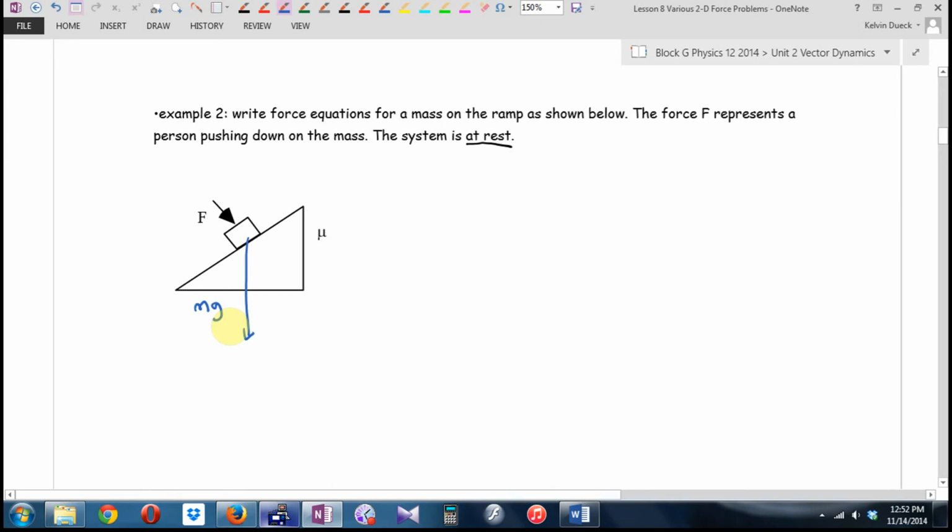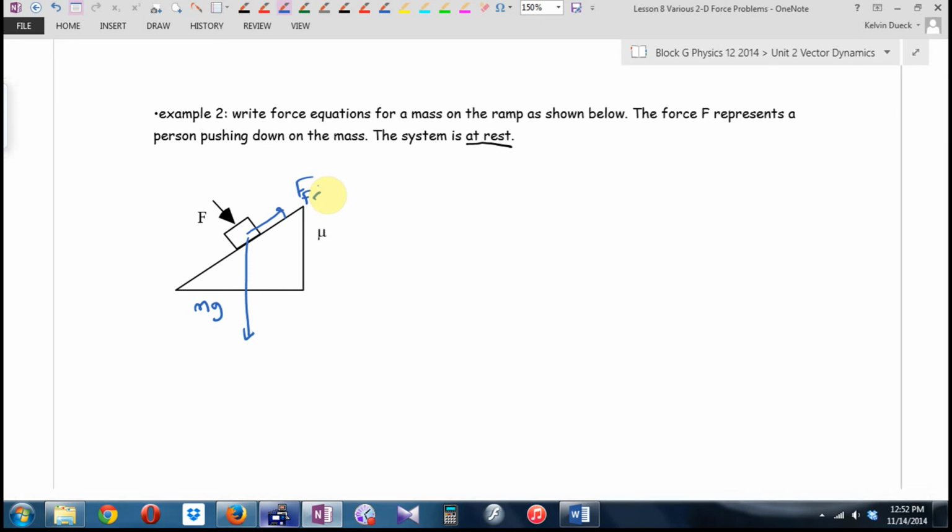No friction, because the question doesn't mention any. Or maybe there is friction. Which way does this block want to slide? I guess there has to be friction, because otherwise if it was ice, it'd be sliding. So which way does this block want to slide? So which way is friction pointing? What else? The applied force.